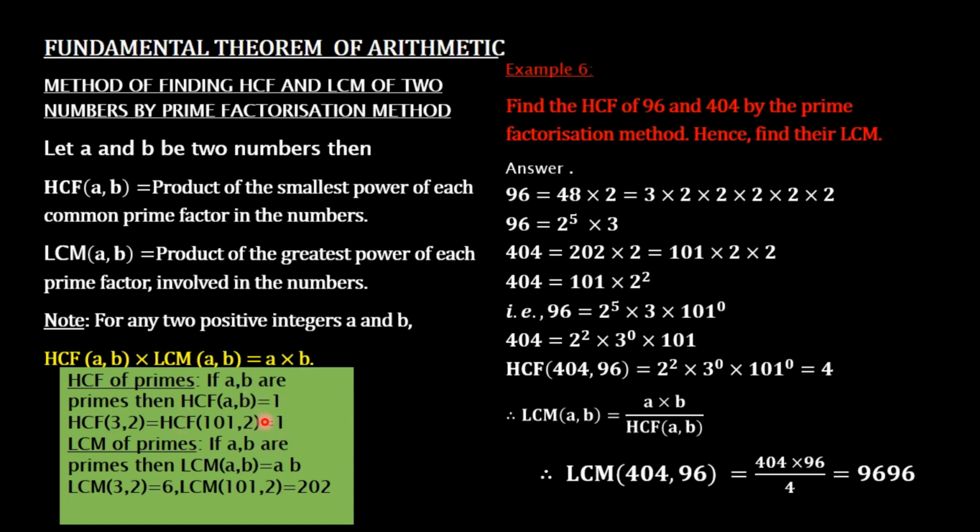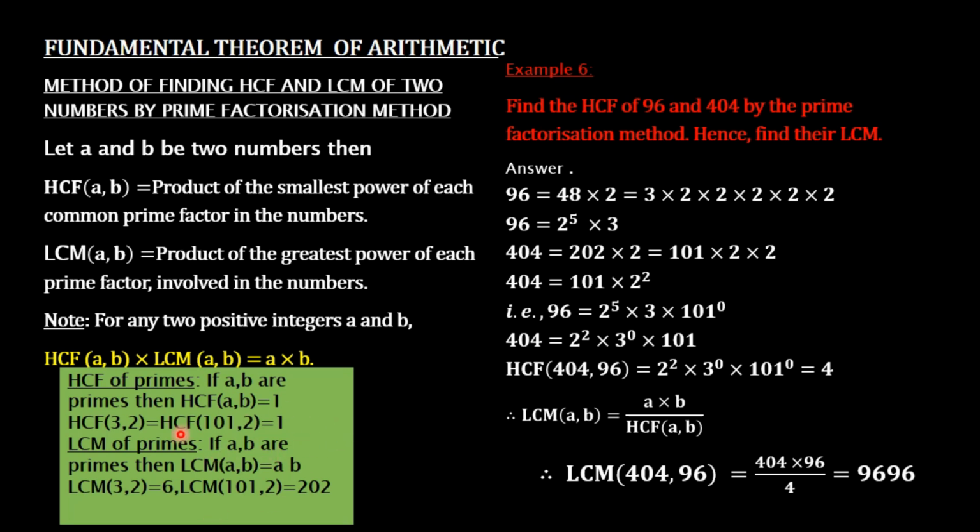That is 1. The highest common factor of any two primes is 1. That is, 3 and 2 have only one common factor, that is 1. Then what about 101 and 2? 1. That is, if we have two primes, HCF can be easily found, that is 1.